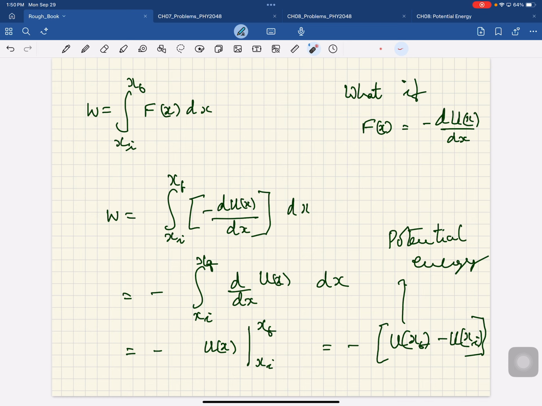This function is called the potential energy function. Then the work done turns out to be just that potential energy function evaluated at the final point minus the potential energy evaluated at the initial point. So for certain special forces, calculating the work done is very easy.